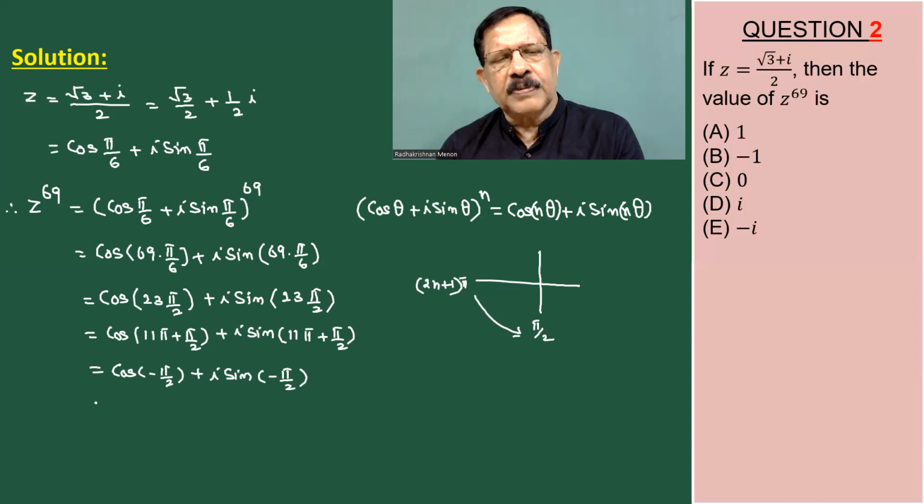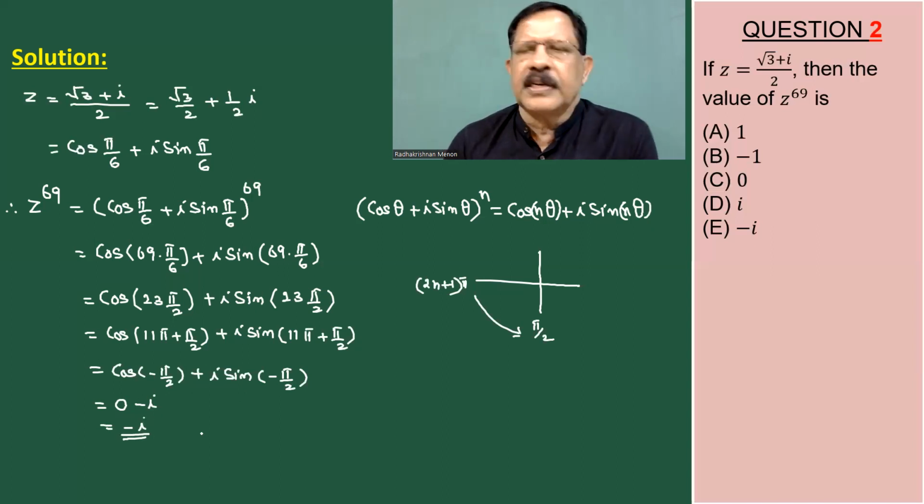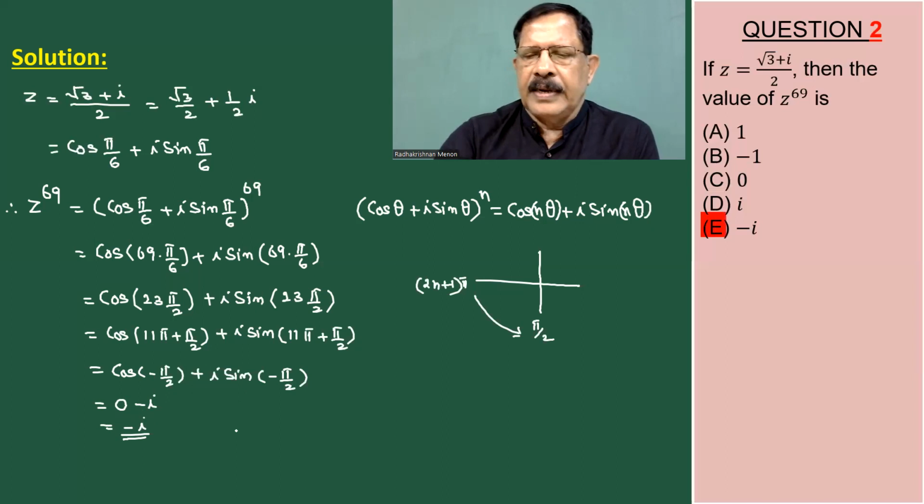What is cos of minus pi by 2? That's cos pi by 2, which is equal to 0. Sine of minus pi by 2 is minus 1. So you are getting minus i. So when you simplify, you get z raised to 69 is equal to minus i. That is appearing as option E. It's a good question. Now let us go to the next question.